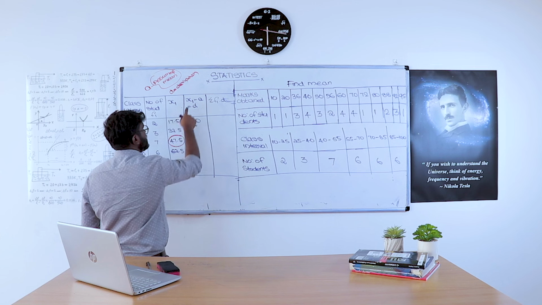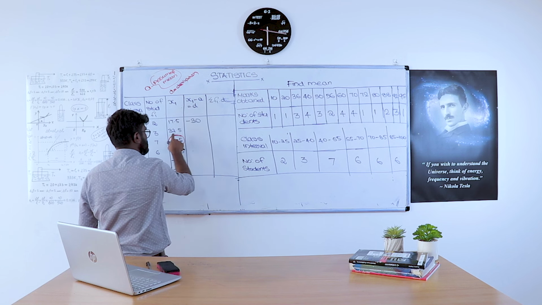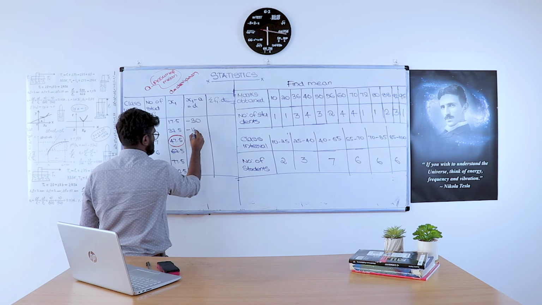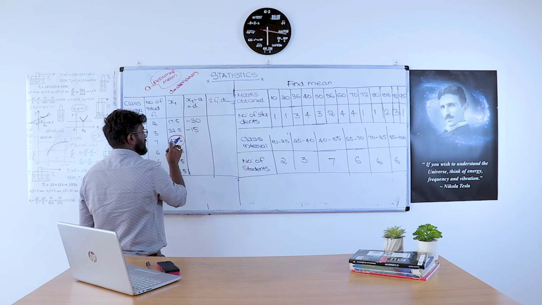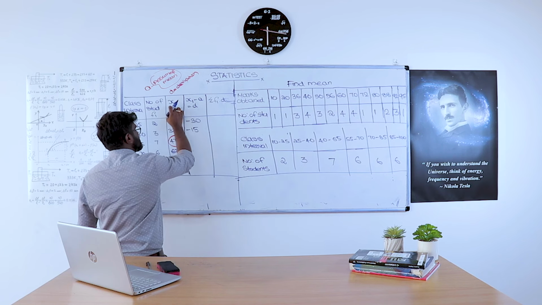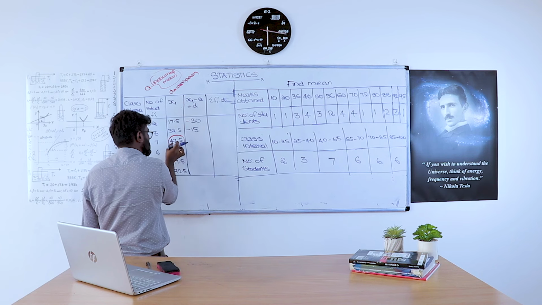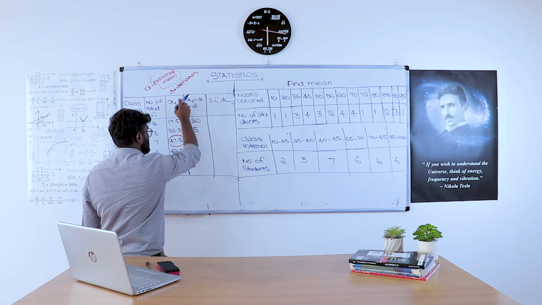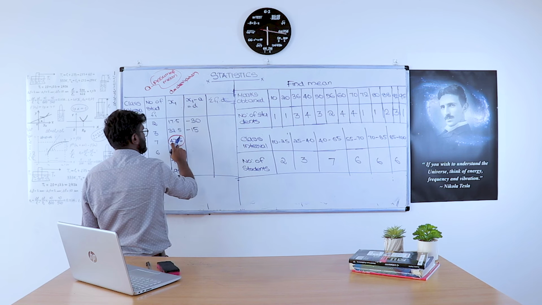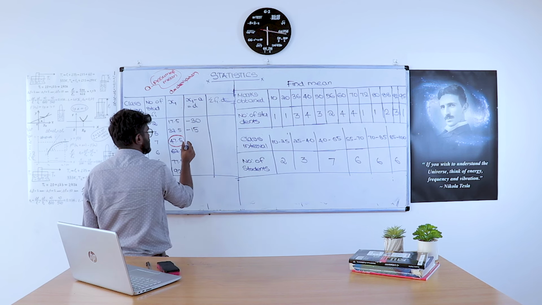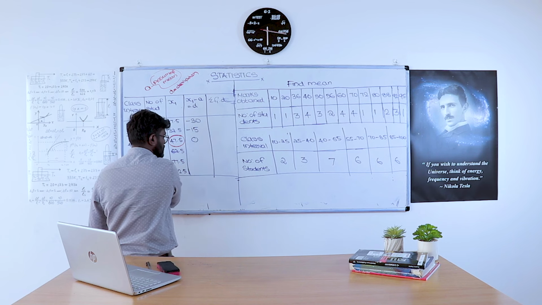What is the deviation? xi minus a, 32.5 minus 47.5 is minus 15. Third value is 47.5 itself. Is there any deviation? No, because this is the assumed mean. So there will be no deviation. 47.5 minus 47.5 is 0.